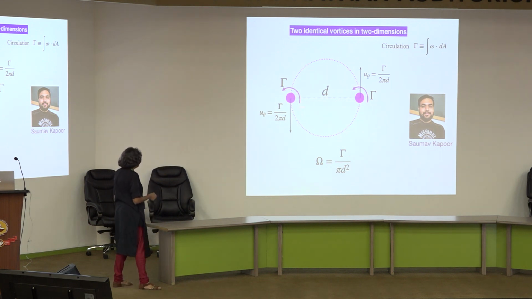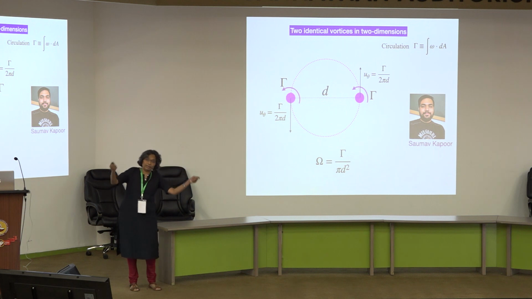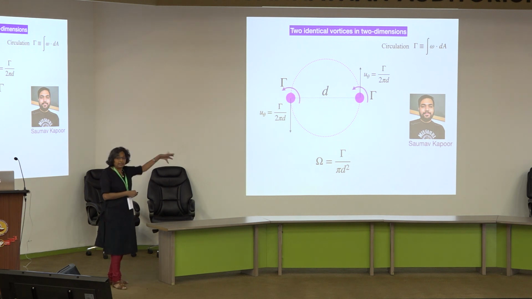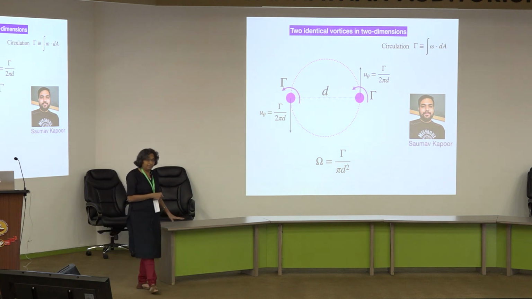This vortex will put an induced velocity on that vortex, which will be gamma over 2 pi d, where d is the distance. This vortex will do the same to the other one. So they will keep going around and around in a circle. This is the simplest interacting vortex system that we can have.